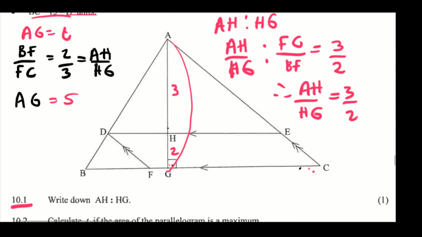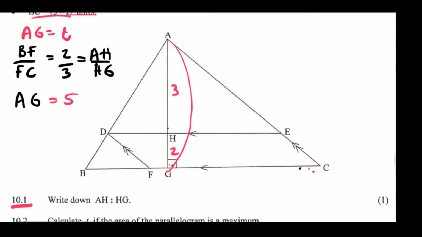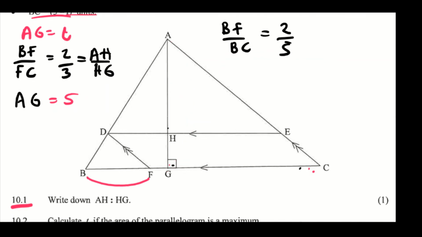And then what we can say is that BF over BC is equal to 2 over 5. BF, this one here, over BC, the entire thing.